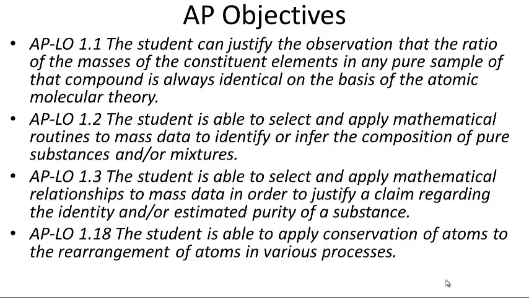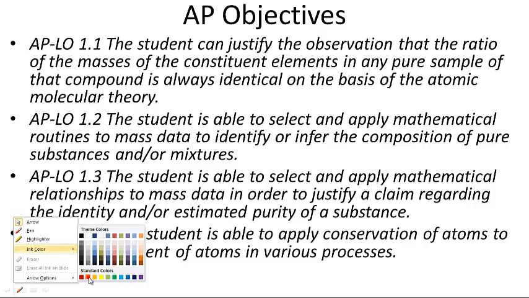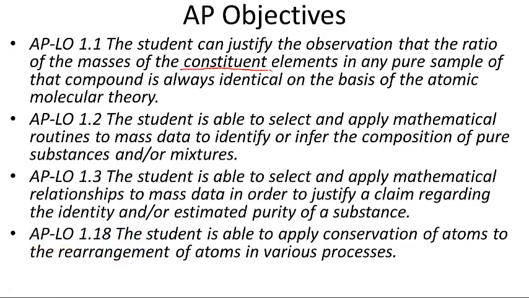In other words, constituent elements are the elements that make up something. So, for instance, in water, the constituent elements are hydrogen and oxygen. That's all that fancy word is saying.